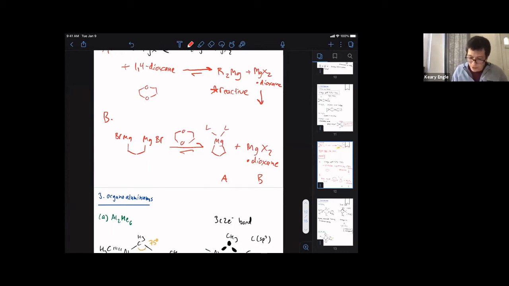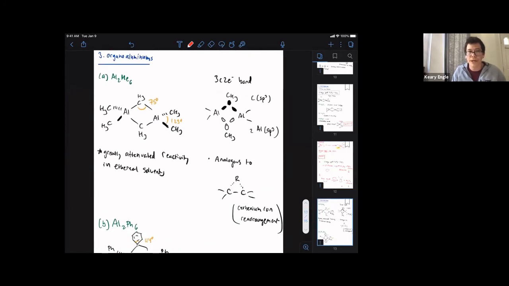Okay, now let's cover our last class of organometallic reagents and wrap things up. The last class that we'll cover are organoaluminum reagents. Some of the same themes that we saw above apply here too.